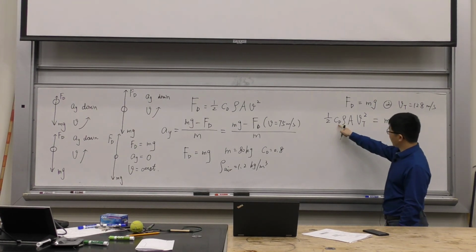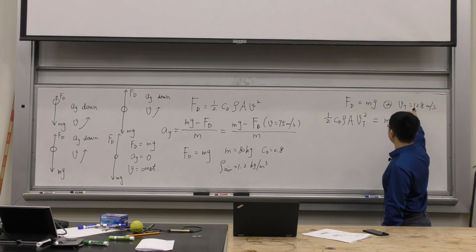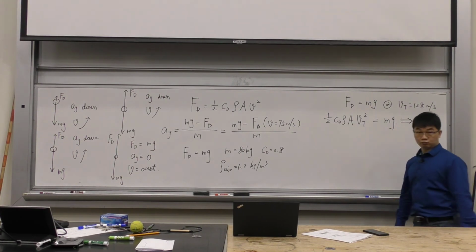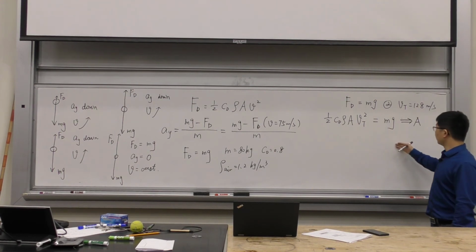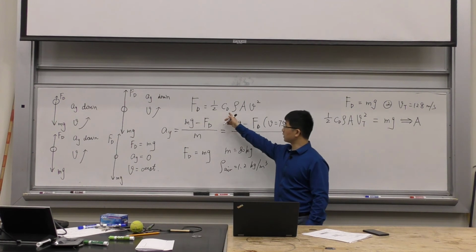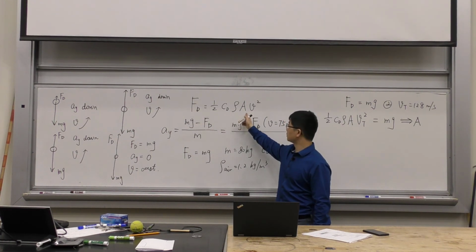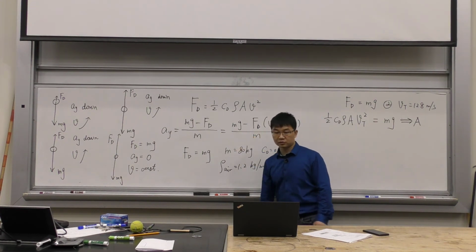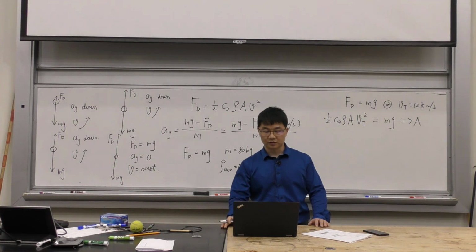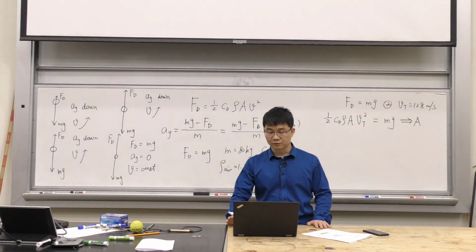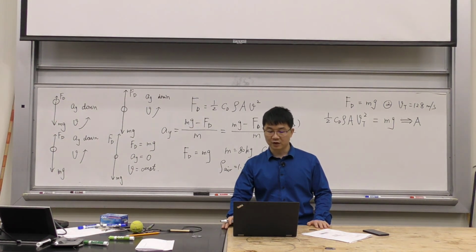I have CD, I have rho, VT, I'm going to plug in these numbers, so I can find the area. Once I find the area by using this information, I can plug it into the same equation again with 75 meters per second. So I can find the air drag at 75 meters per second. That's going to help me find the acceleration of the skydiver when her speed is at 75 meters per second. Okay? So now you can pause the video and then finish the algebra.